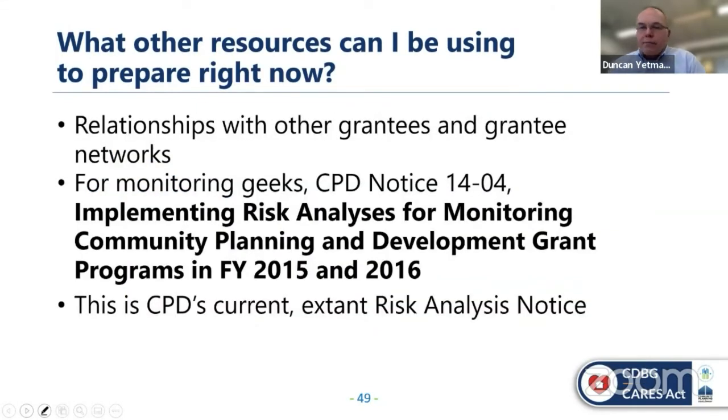Okay, what are some other resources that I can use to prepare right now? Well, obviously, your relationships with other grantees and grantee networks are critical. Whether you're a member of NCDA, the National Community Development Association, or ACOSTA, the Council of State Community Development Agencies, or NACEDA, the National Association of County Community and Economic Development, any one of those organizations and any informal grantee networks have resources to assist you in preparing for monitoring.